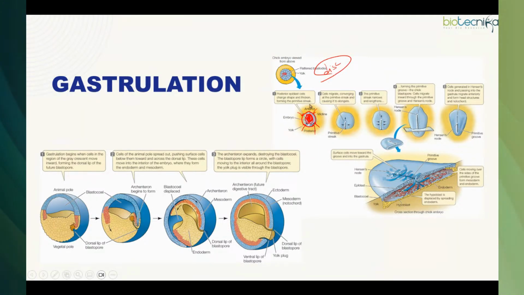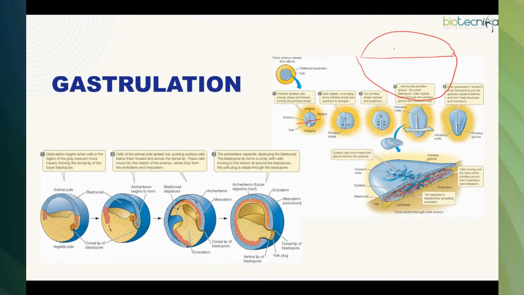If you draw from the sides, it will look like this. This is your blastodisc. Here you will have only a monolayer of cells, of the epiblast. And in the sides, you will have many cells.